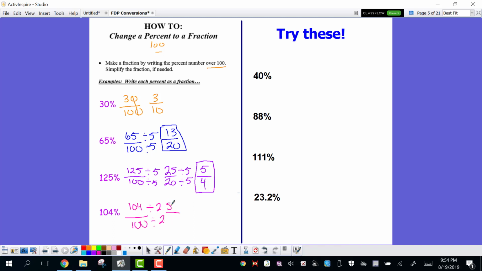That gives me 52, and 100 divided by 2 gives me 50. Again, I have even numbers, so I continue to divide by 2. 50 divided by 2 gives me 25, and 52 divided by 2 gives me 26.